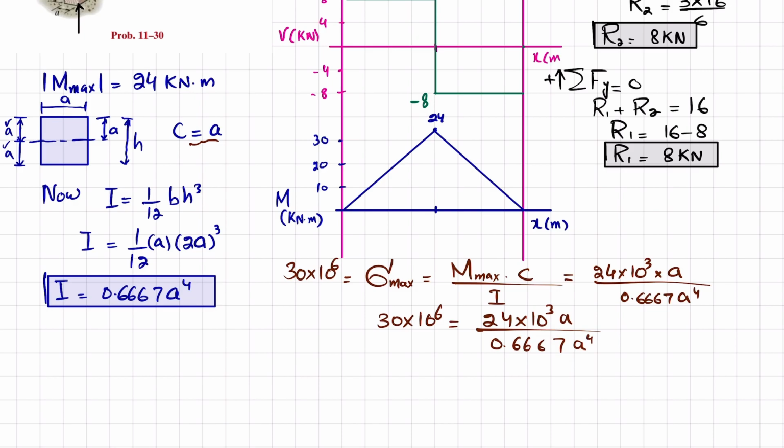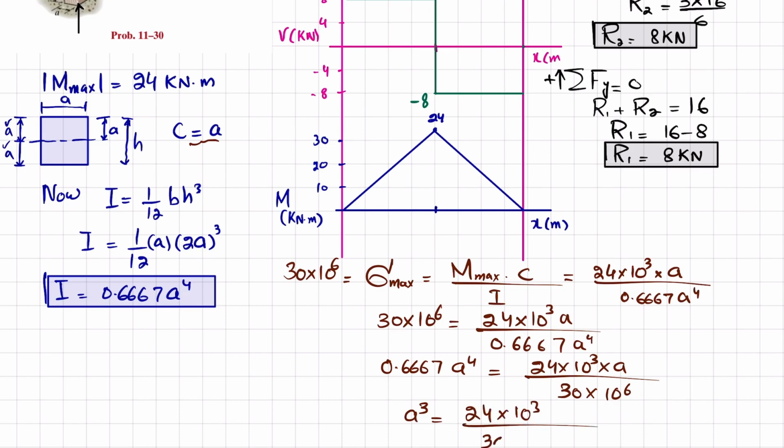So again, if you take it, 0.6667 A4 is equal to 24 into 10 raised to power 3 multiplied by A divided by 30 into 10 raised to power 6. So we will be left with A cube is equal to 24 into 10 raised to power 3 divided by 30 into 10 raised to power 6 multiplied by 0.6667.